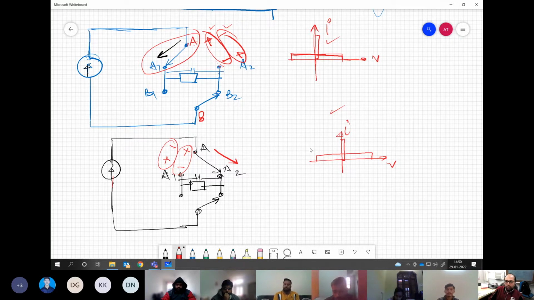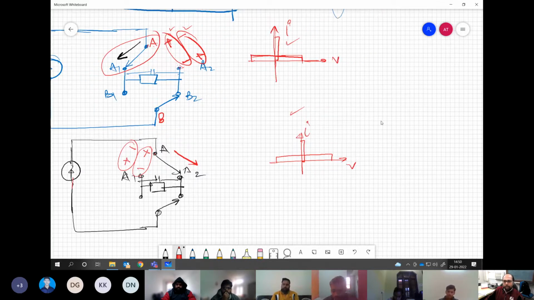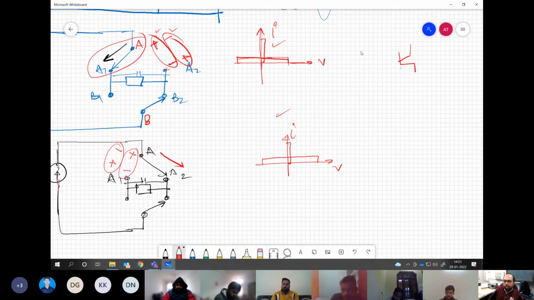Fine. So this kind of realization we may have by using the other arrangement we have discussed earlier, by having an active switch and an anti-series diode. So what will happen?